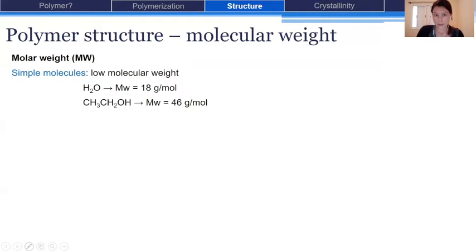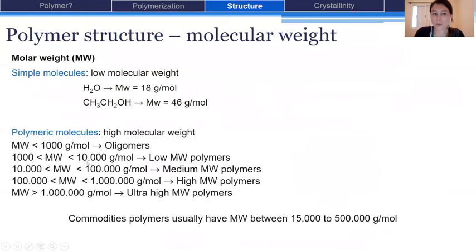So talking a little bit more about the molecular weight, simple molecules have a low molecular weight. For example, water: you can calculate the molecular weight of water, which is equal to 18 grams per mole, and other simple molecules will have low molecular weight. On the contrary, polymeric molecules have high molecular weight.